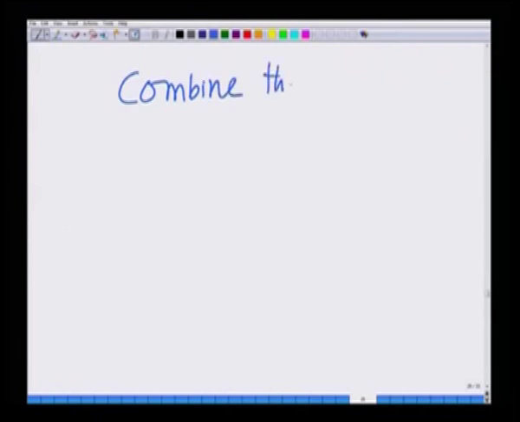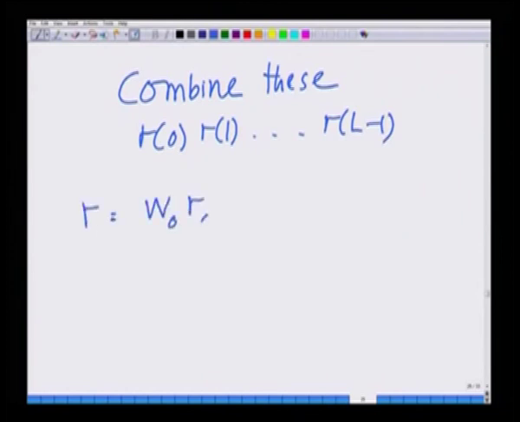combining these R0, R1, RL minus 1 as R equals W0 conjugate R0 plus W1 conjugate R1 plus W L minus 1 conjugate R L minus 1.